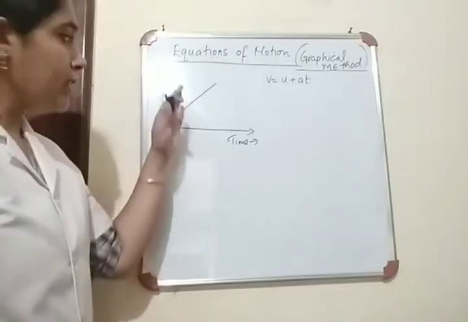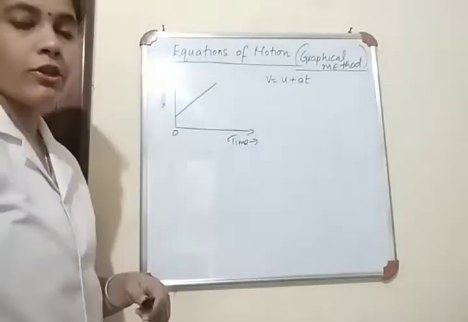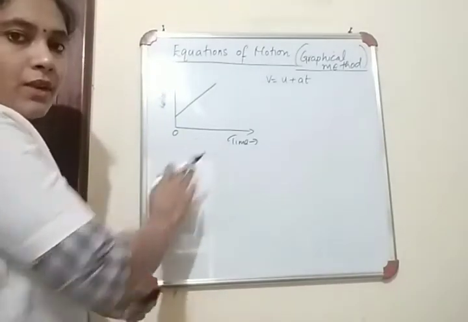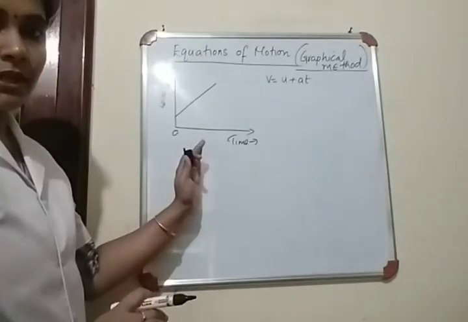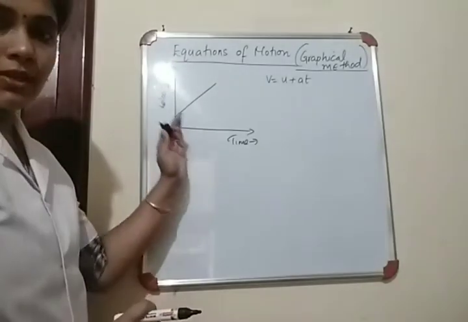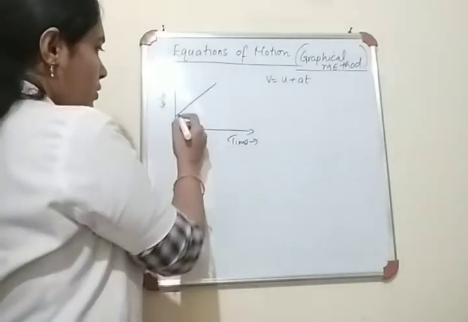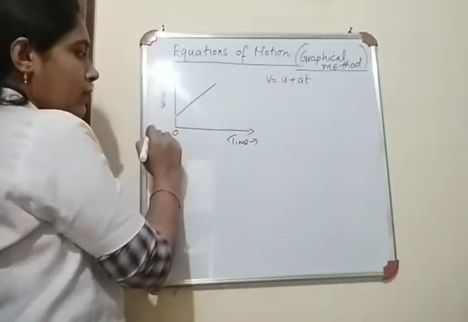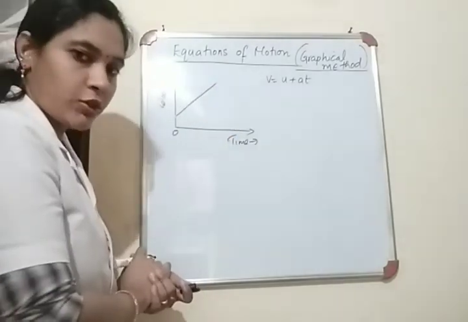I told you we need to derive this first equation of motion, v = u + at, from this velocity time graph. And we have considered this type of velocity time graph where the object has got some initial velocity. So the object is starting from this point and this is the final point of that object.